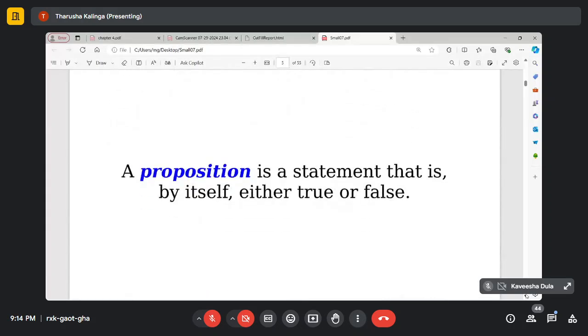A proposition is a statement that is by itself either true or false. We say a proposition should be a declarative statement. What is declaration? Declaration means anything meaningful.